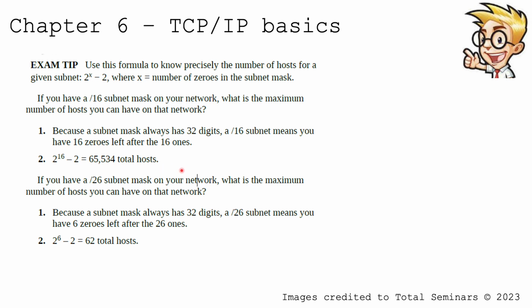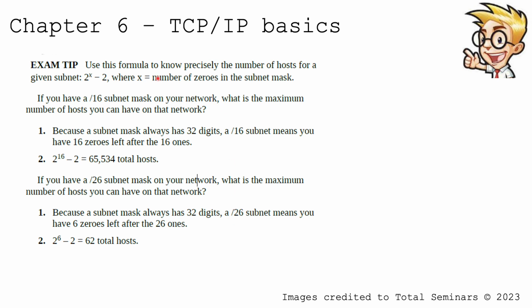So in case you don't want to memorize the exact number per CIDR, you can just memorize this formula. That's a pretty good tool that you're going to need, and it's going to be handy when you need to know how many hosts are available on a network or how you're going to design it. So that's a great trick.